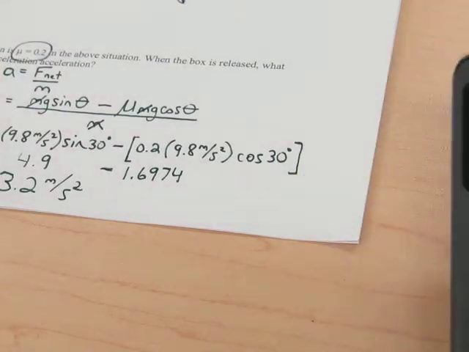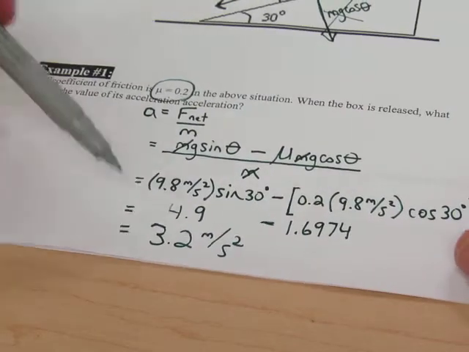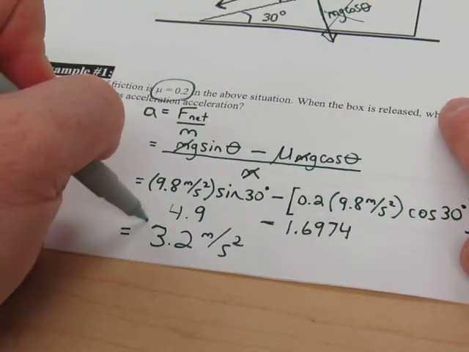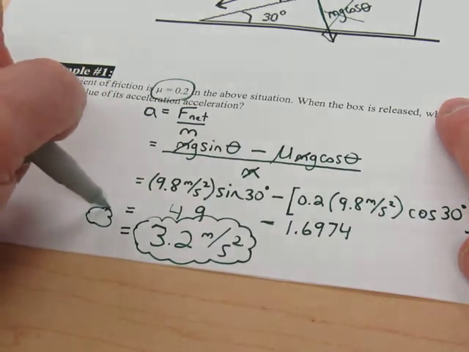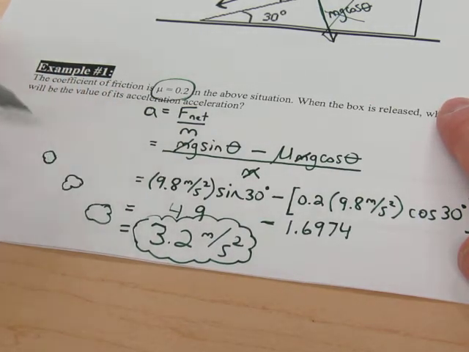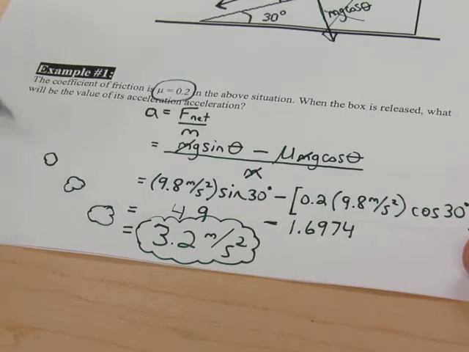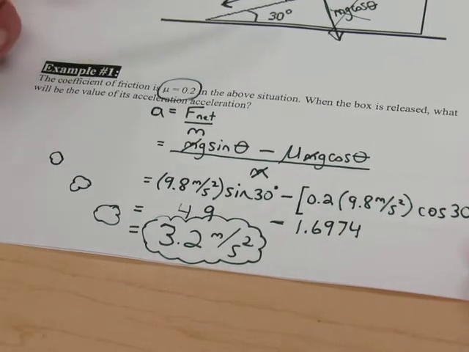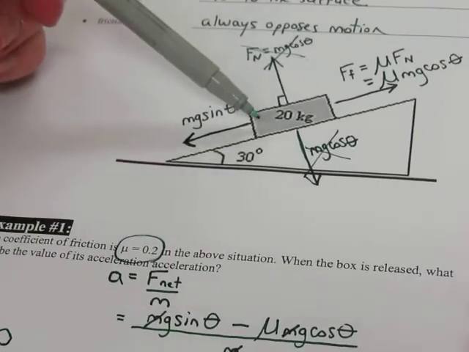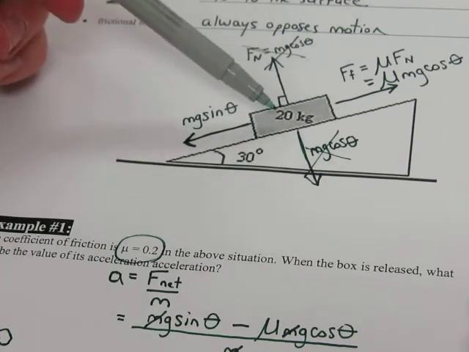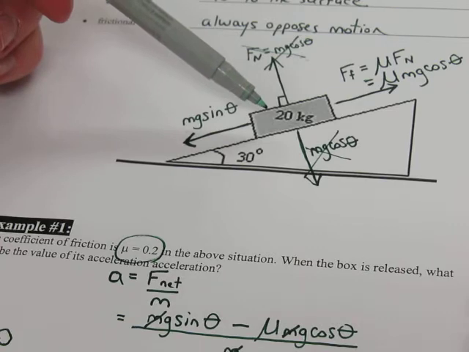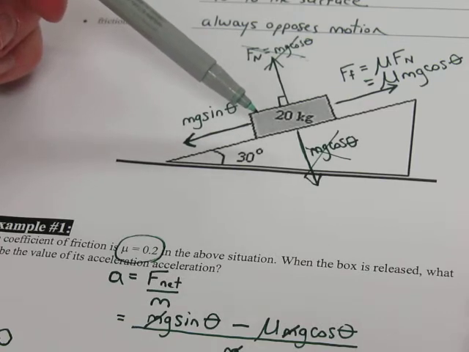So not only is this the answer, but just like in grade 11, I can think about this a little bit and make sure the answer is correct. See, there's a few things about this that make it correct even without checking the math. Number one, this is an object on a ramp. If it was a free-falling object, if you just took a 20-kilogram mass and dropped it, the maximum acceleration that it could have is 9.8.